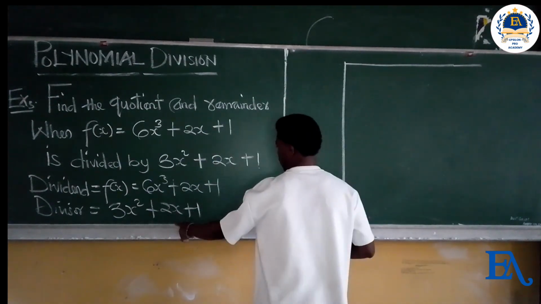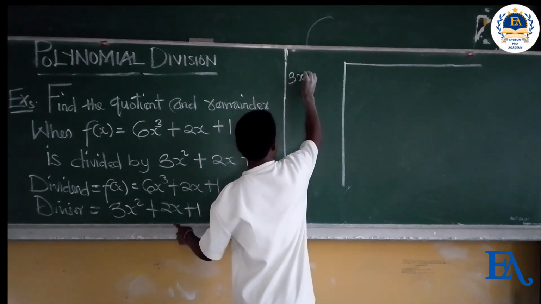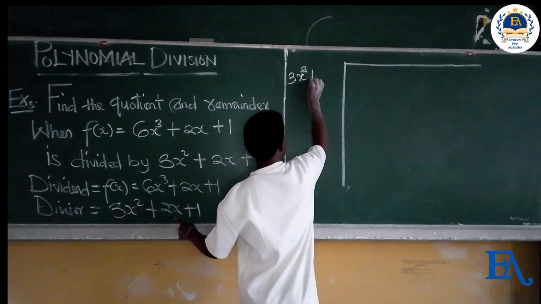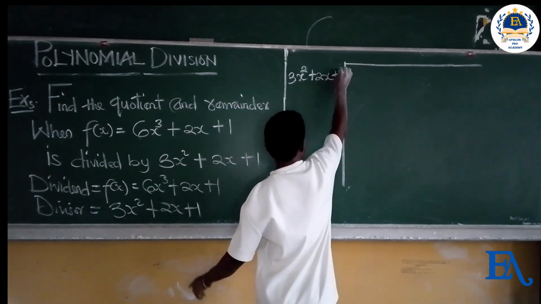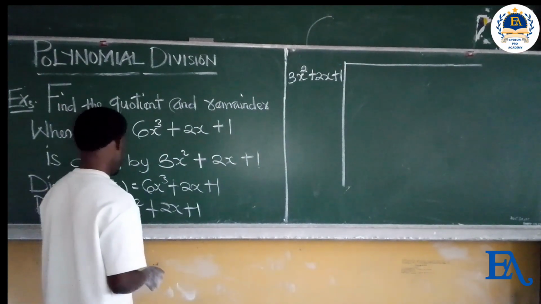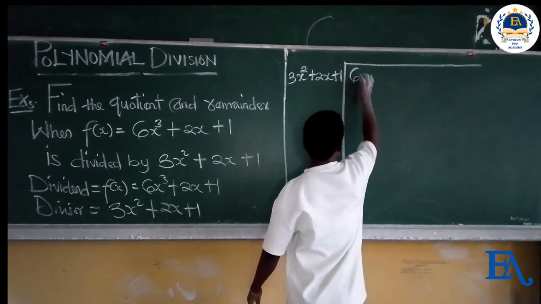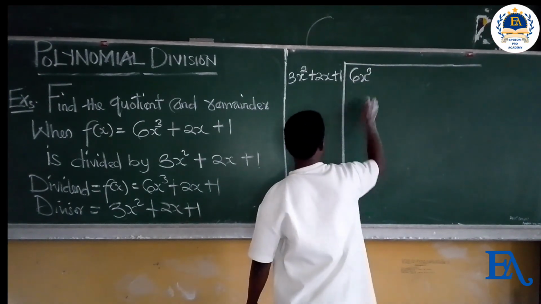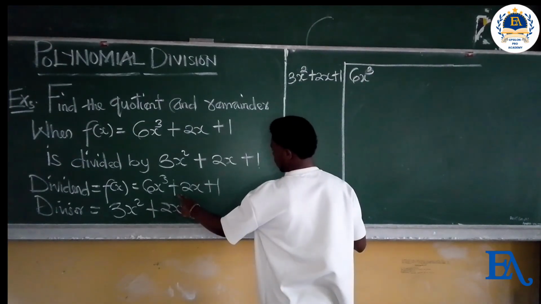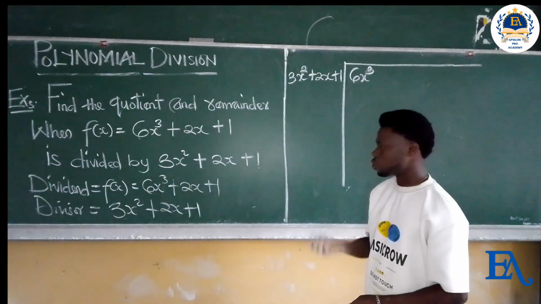So the divisor is 3x squared plus 2x plus 1, whereas the dividend is 6x cubed plus 0x raised to the power of 2.